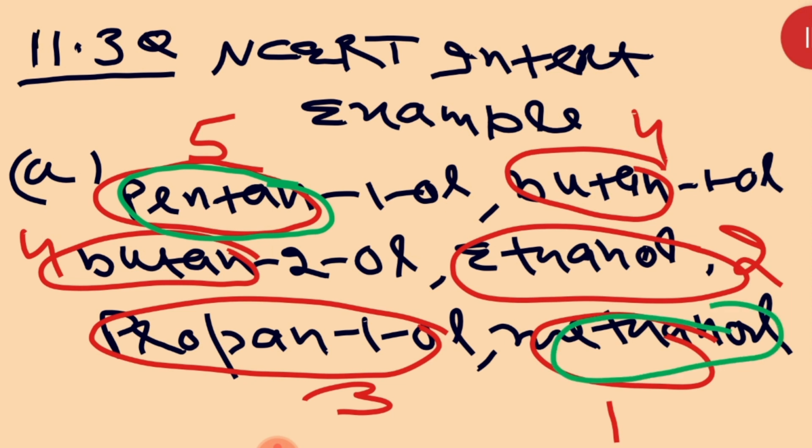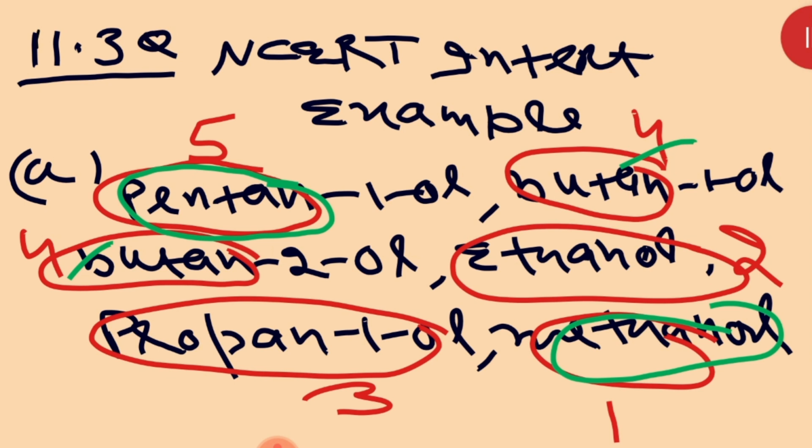Now there is a problem between butan-1-ol and butan-2-ol, because they both contain 4 carbons. Butan-1-ol will have a high boiling point.